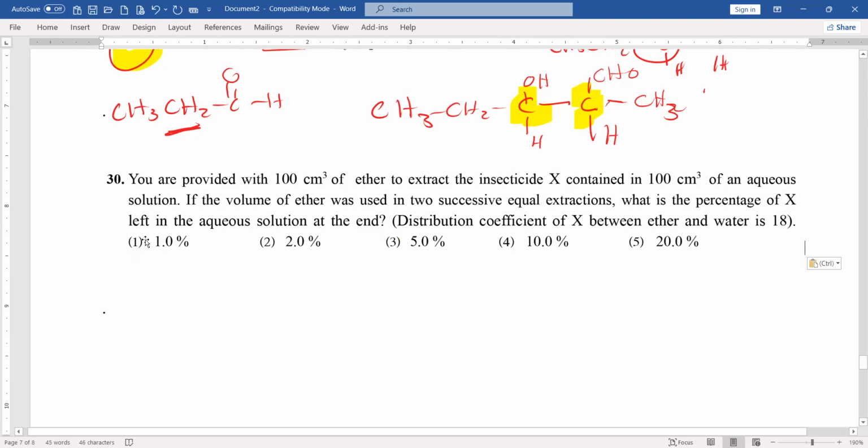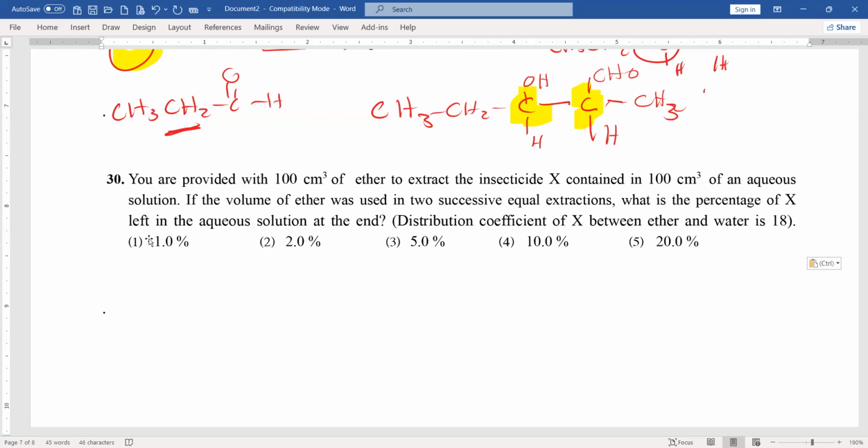Here, you are provided with 100 cubic centimeters of ether to extract the insecticide X contained in 100 cubic centimeters of an aqueous solution. If the volume of ether was used in two successive equal extractions, what is the percentage of X left in the aqueous solution at the end?